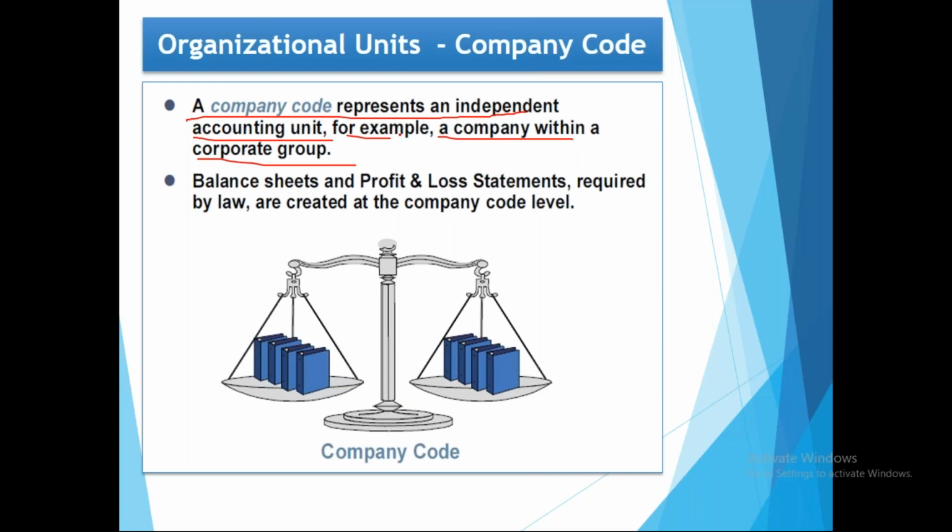So company code is basically a financial, accounting unit within the client. Balance sheets and profit and loss statements required by law are created at the company code level. So all financial reporting, like balance sheets, profit and loss statements, whatever is there, is created normally at company code level.